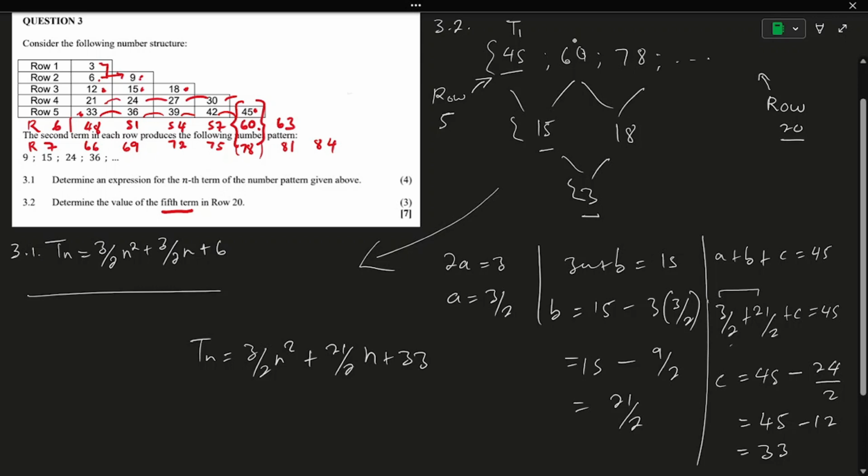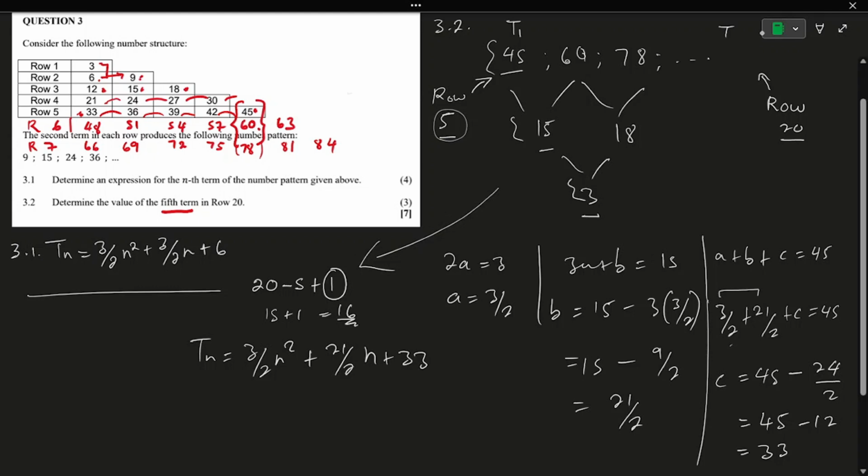So 20 minus 5 is 15, but row 5 is also included. So in other words, the terms that we are looking for are going to be the terms that are 20 minus 5 plus 1. This plus 1 is very important because we are saying that row 5 is included. So that is going to be 15 plus 1, which means we have 16 terms in this sequence, right?